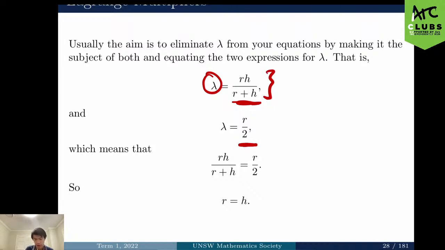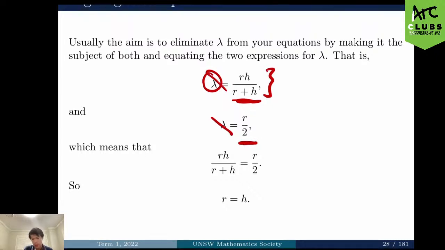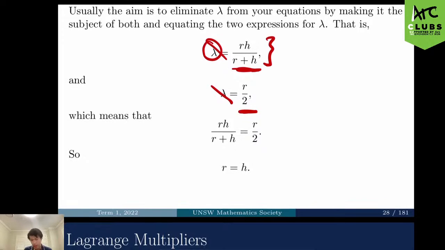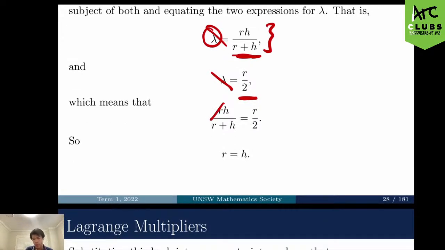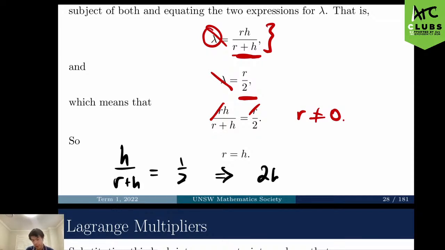Get rid of lambda. No one likes lambda. So then we're left with rh on r plus h equals r on 2. And at this point, you can get rid of r, because we know that r is not equal to 0. So h on r plus h equals 1 on 2, which means that 2h equals r plus h, and r equals h.